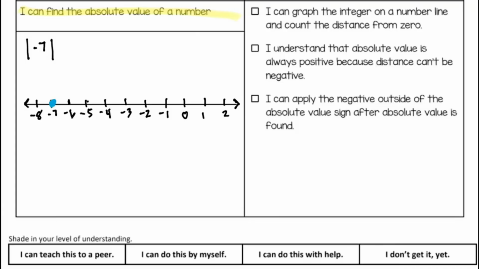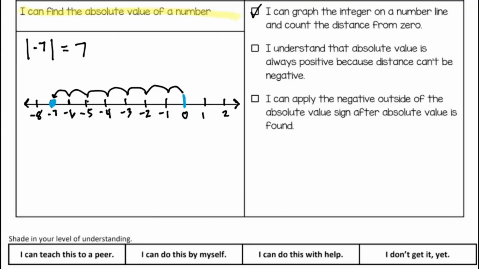And then I'm also going to highlight 0. Graphing the integer is simply plotting the point. Then it says count the distance from 0. So I have 1, 2, 3, 4, 5, 6, 7. The absolute value of negative 7 is 7.